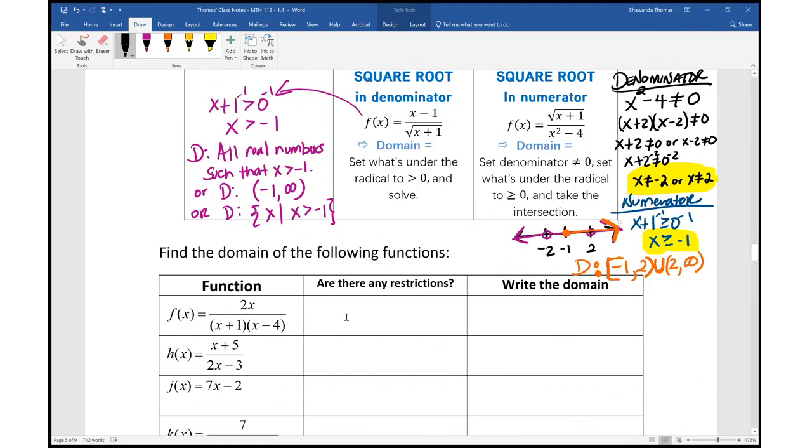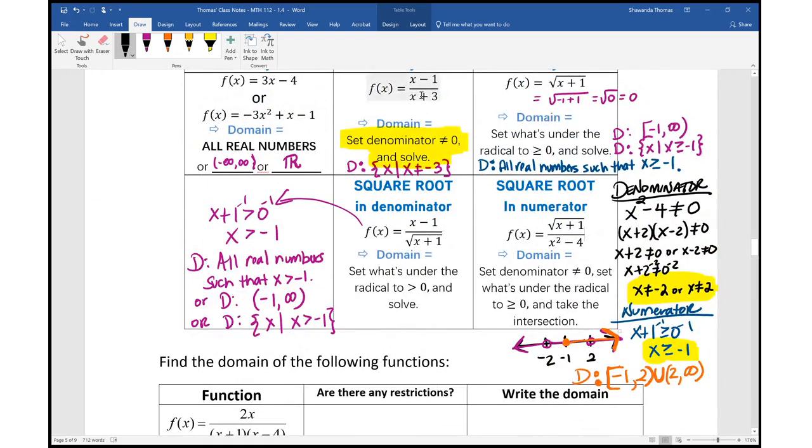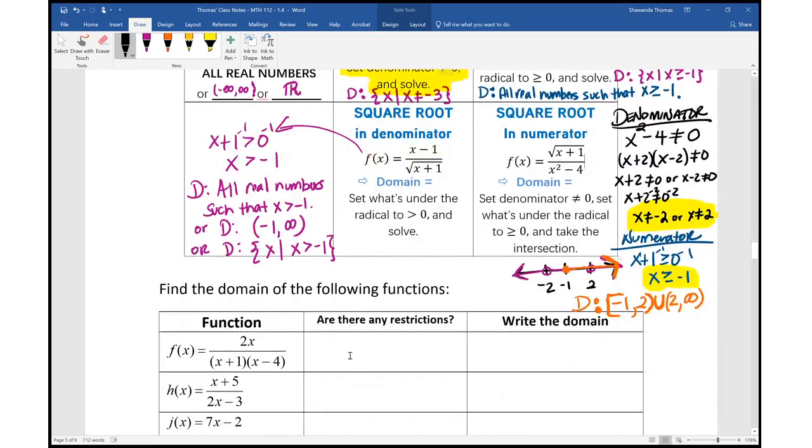So for this particular problem, we are going to set the denominator to not equal 0 and solve. So the restriction again, yes, we do not want the denominator to equal 0. So we don't want x plus 1 times x minus 4 to equal 0, right?